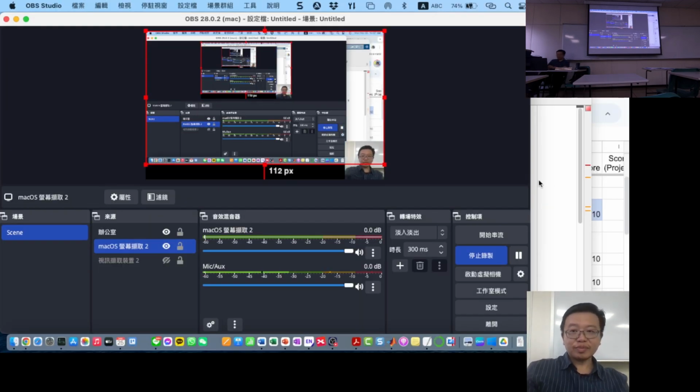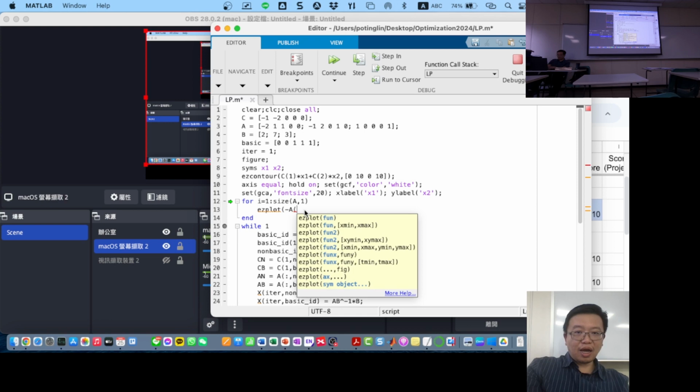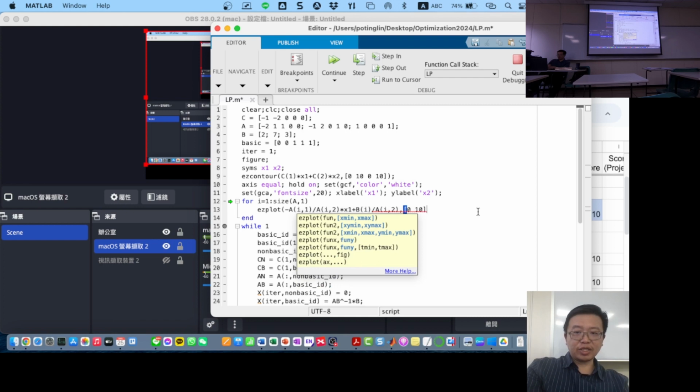So draw the negative A1 divided by A2 times x1, plus B divided by A2, plotting zone 0 and 10.